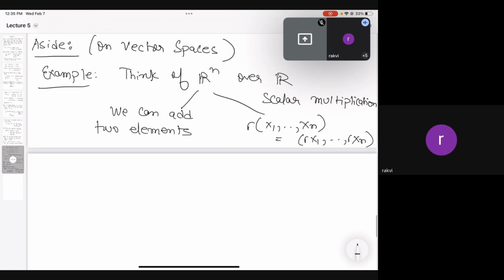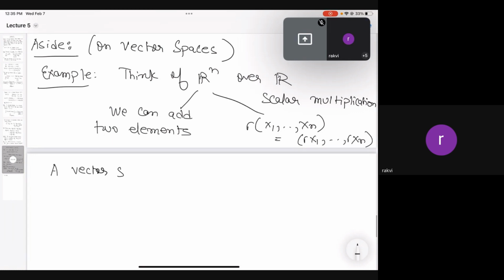So in general, a vector space V over a field F. A vector space always comes with an associated field. For example, we can think of R^n over R. So R^n is our vector space and R is our field.